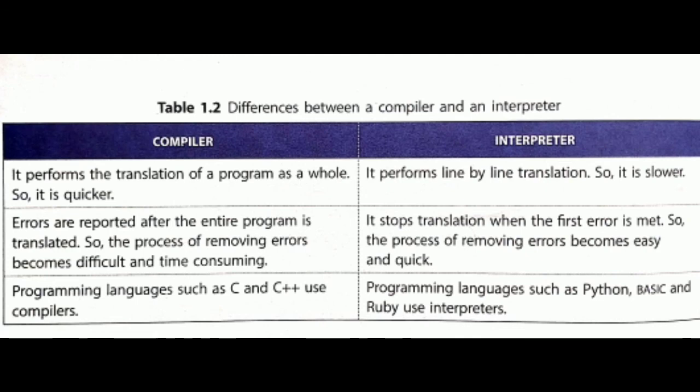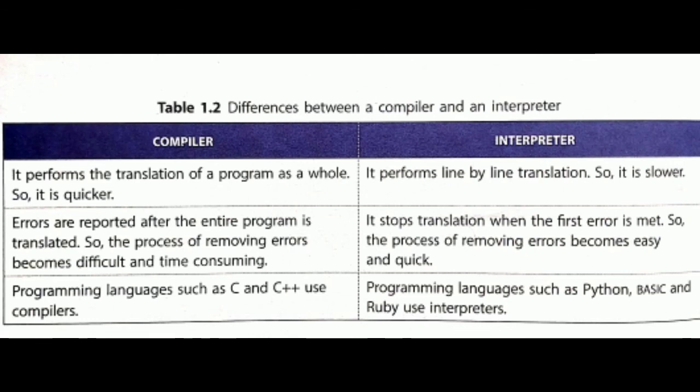We have studied that since compilers perform the translation of a program as a whole, only after the entire translation is complete, the errors will get detected and removed. But an interpreter translates one line of a program at a time, and in between, if it finds an error, the process of translation stops there, and only once the error gets removed, the translation continues. Okay.